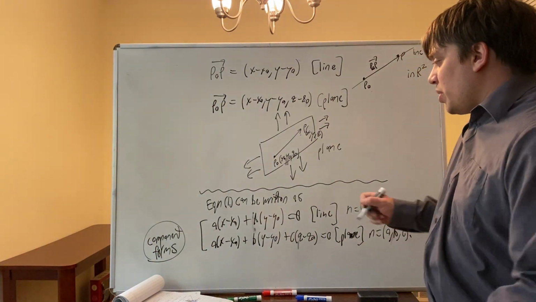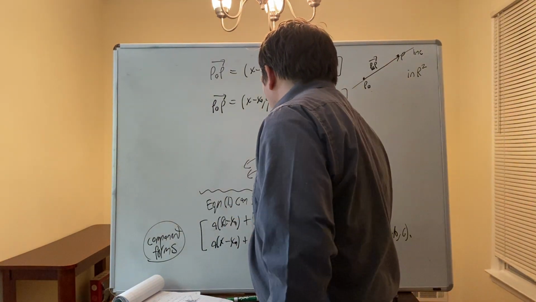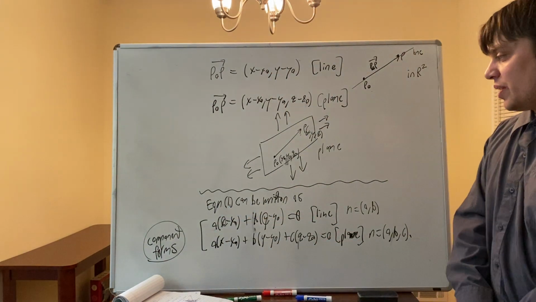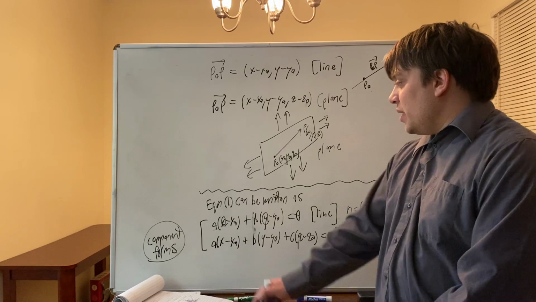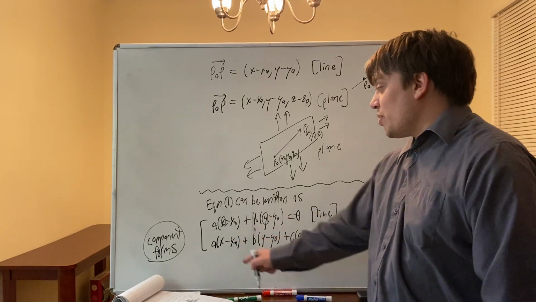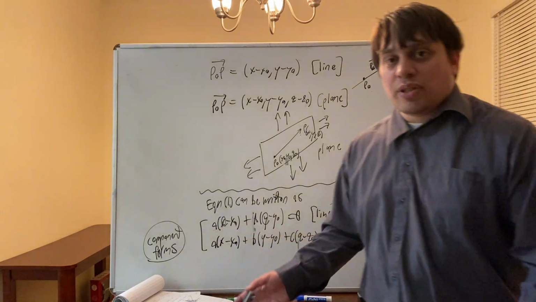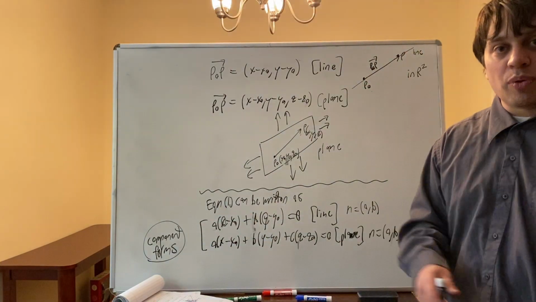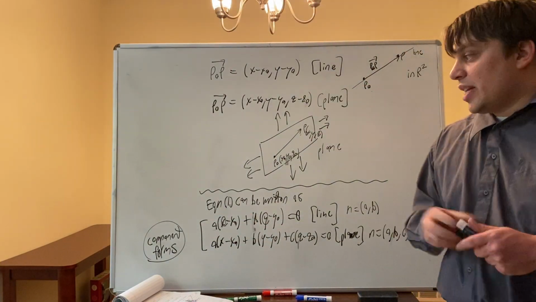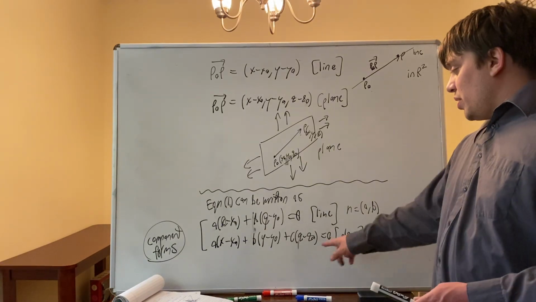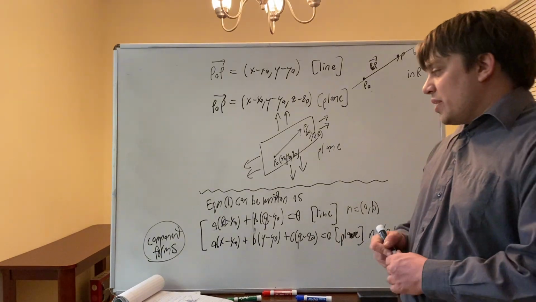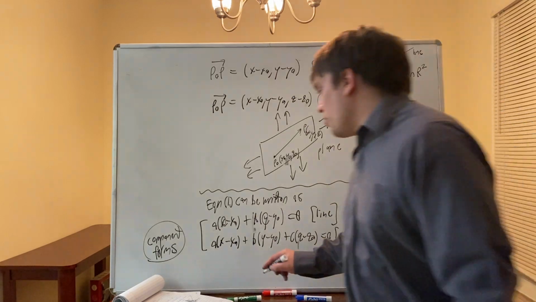Here, we're describing the plane as the set of all points x comma y that satisfy that equation. And what we use for the equation are the components of P naught, x naught and y naught, and the components of the normal a and b. And so we're using the components of the normal vector and the point to describe the plane, and that's why it's in component form. Here it's just a plane in 3 spaces, so now there are a few more components.